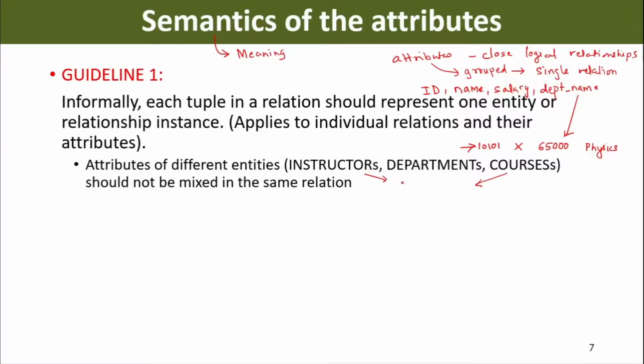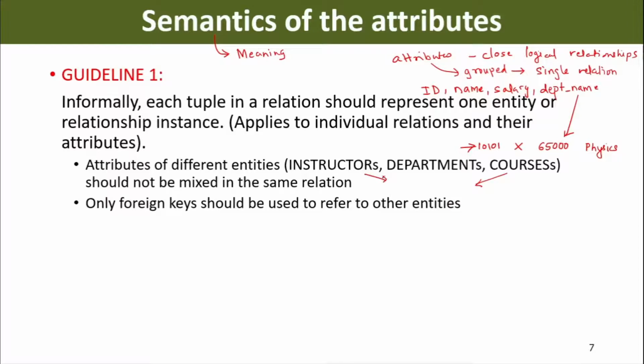Instead, data related to instructor should be stored separately and data related to courses should be stored separately, so that we can have a good meaning of the respective attributes. Those are related in terms of a relation.